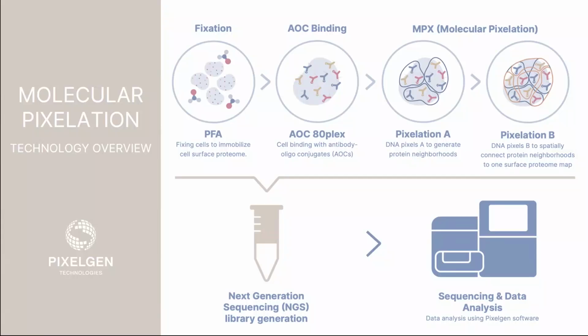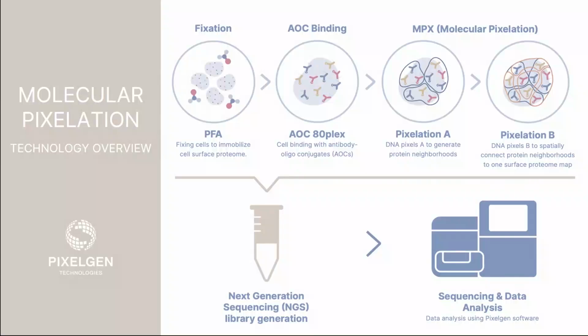The next step is the AOC binding. And AOC stands for antibody oligoconjugates. And it's basically barcoded antibodies. So we have an 80-plex panel in the product, which then binds to the respective targets. And at that point, we get the abundance information.